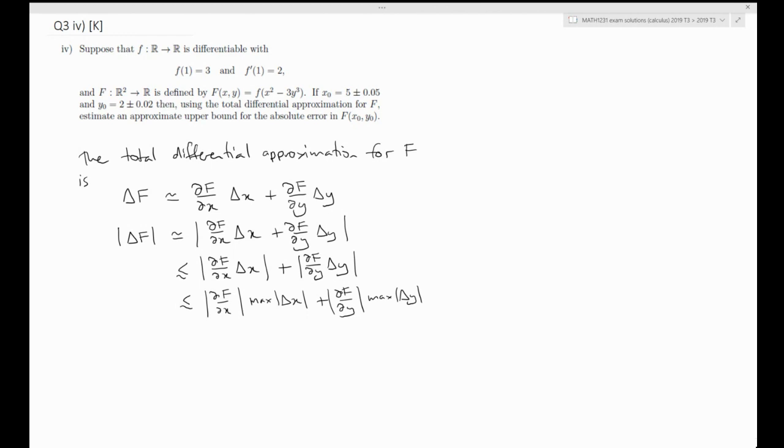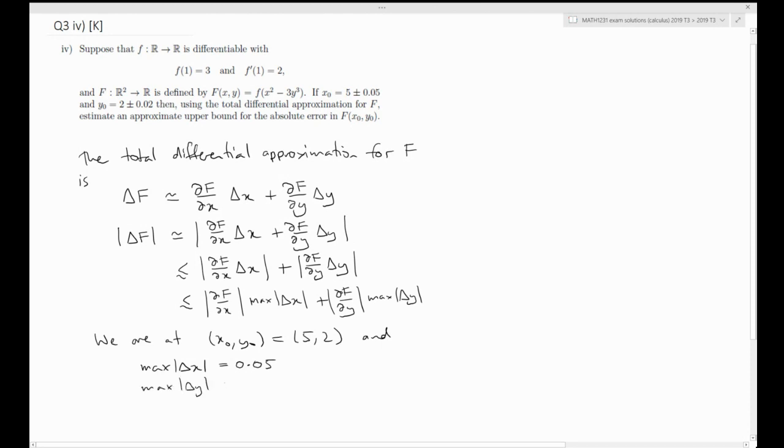Okay, so this is the formula that we want, and we're told that we're at a point x naught, y naught, which is 5, 2. I'll just say we are at x naught, y naught equals 5, 2, and we are told that the maximum change in x, or uncertainty in x perhaps, is 0.05, and the maximum uncertainty in y is 0.02. Okay, so that's the data from the question.